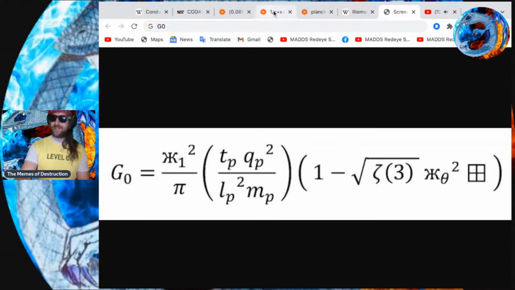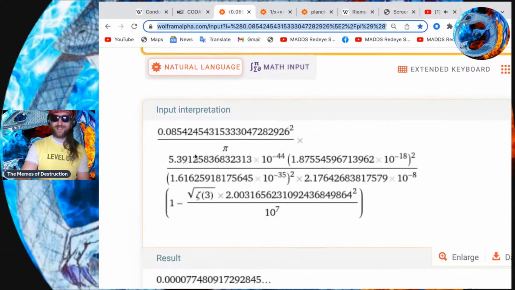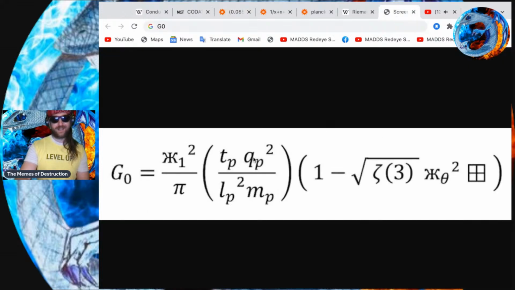I actually kind of like the way Wolfram Alpha put this one out, because now we got the boundary conditions right there: Planck time, Planck charge squared, divided by Planck length squared, times Planck mass. So time, charge squared, length squared, mass.